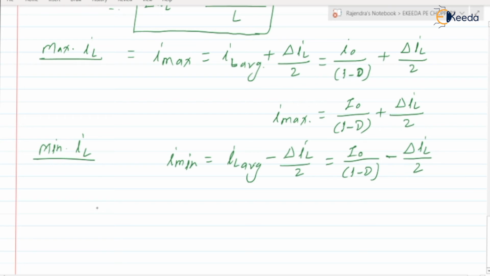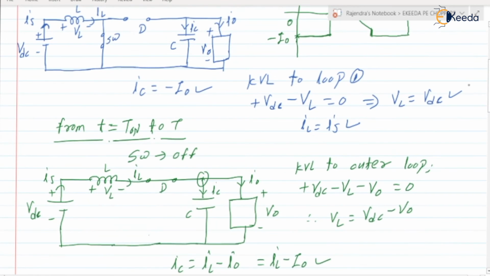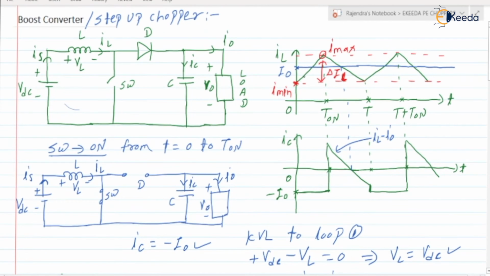Next, IL average is equal to IL min plus IL max divided by 2, because IL is changing from Imin to Imax and it is linear.